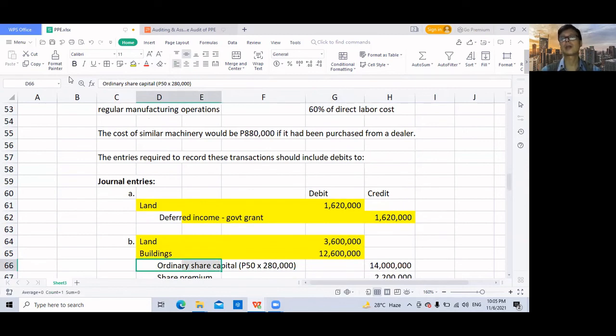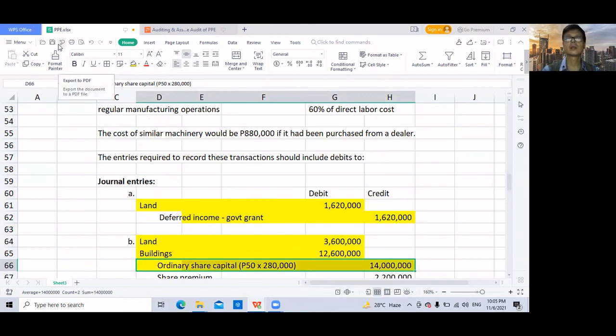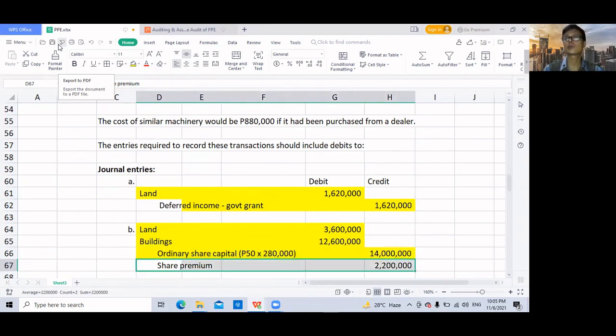So 50 multiplied by 280,000 shares. Ito yung in-issue. So this is for 14 million. Now the difference between the ordinary share capital and the fair value of the assets exchanged would be credited to share premium at 2.2 million.